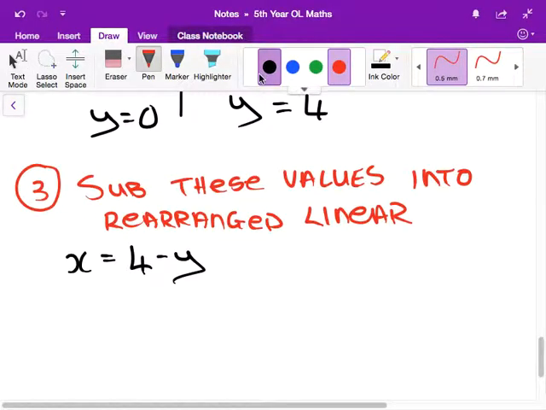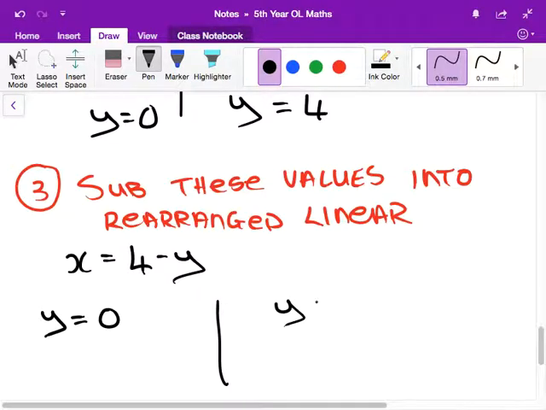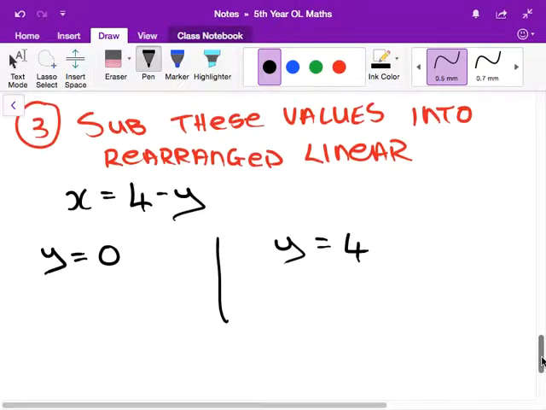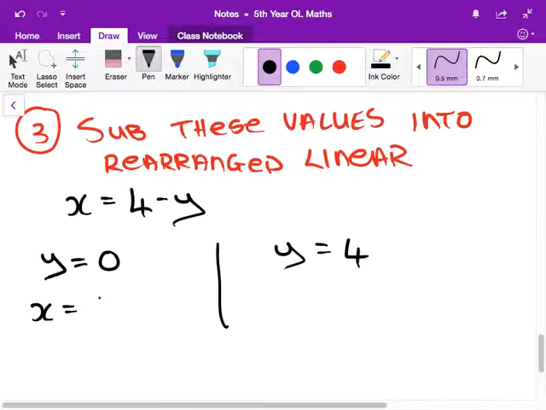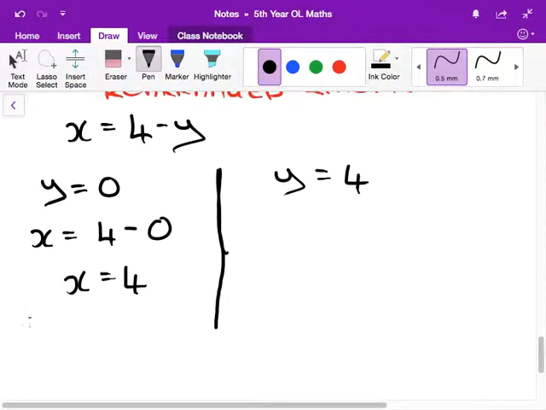So we're going to sub in y equals 0, and we're going to sub in y equals 4. So we get x equals 4 minus, and replace the y with 0, so 4 minus 0, so x equals 4. And you should always write it as a point.